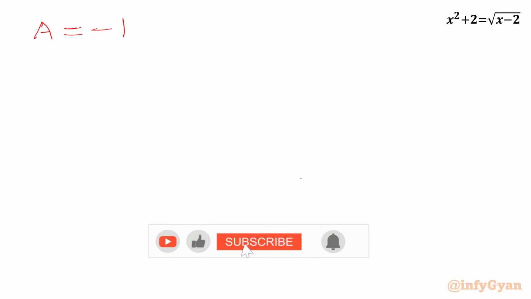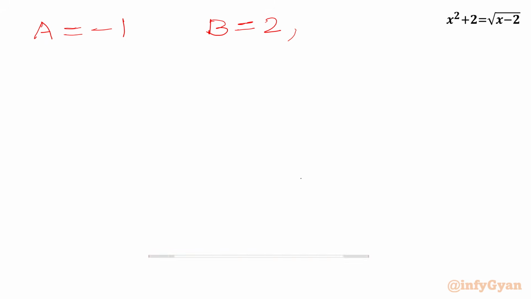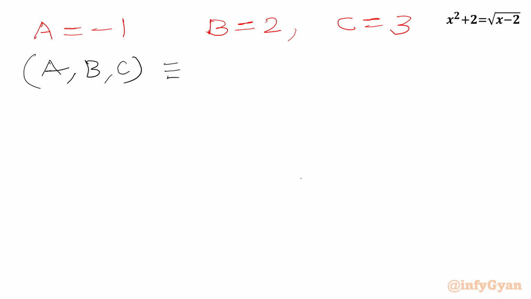For a equal to -1, we are going to get b equal to 2 and c equal to 3. Now we can write our abc values. So if I write here a comma b comma c, then I can write here 1 comma 3 comma 2, and -1 comma 2 comma 3.